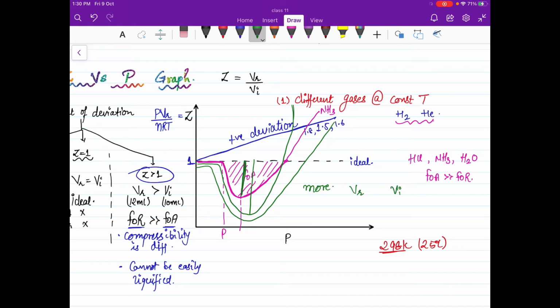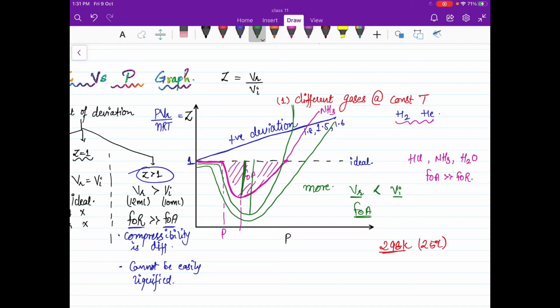If Z is lesser than 1, we know that V real is lesser than V ideal, and the more the value of Z is lesser than 1, the more is the difference between V real and V ideal. That means more force of attraction between the particles, correct?